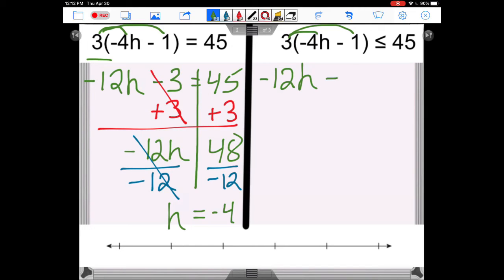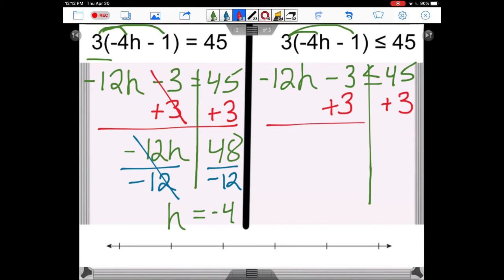And 3 times the negative 1 makes negative 3. And that's less than or equal to 45. From here, we can draw our line down our inequality and begin solving this just like we would any other two-step inequality. We'll go ahead and add 3 to both sides.